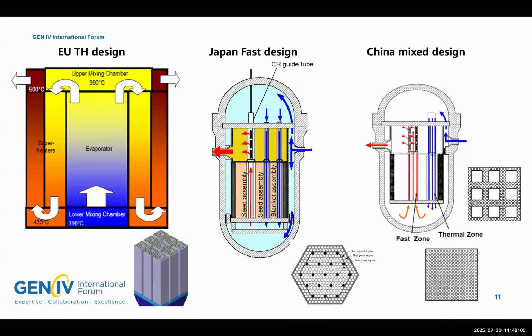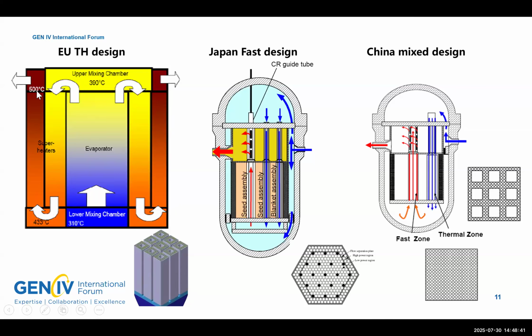The first one is from our European partners for the thermal SCWR design. And you will see they use a 3-pass design. That means the coolant enters the pressure vessel and goes downward, then in the lower part upward, then in the middle part downward again, and then in the outer part upward.